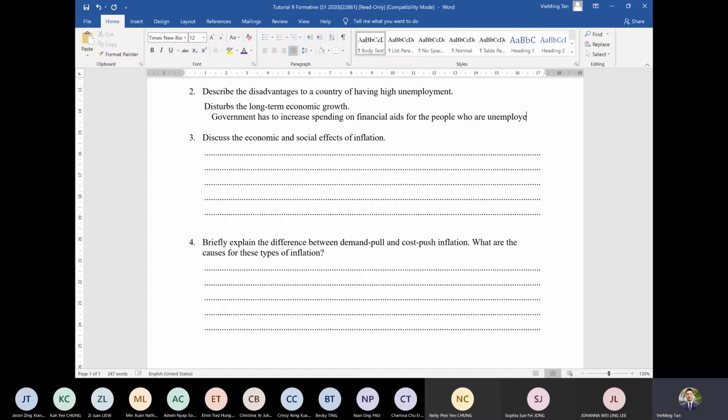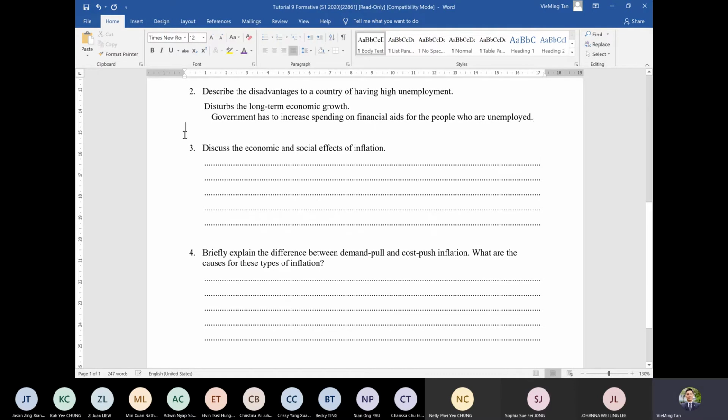So that means this is going to increase the government spending, which is also not good for the country.